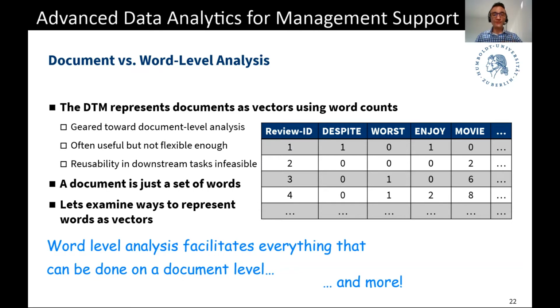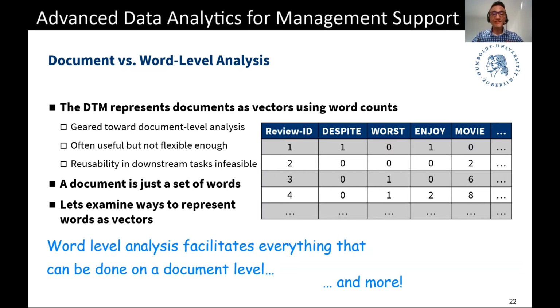Especially considering NLP tasks that you perform to prepare for subsequent analysis are typically not supported by an analysis that focuses on the document level. So in the following, we will focus on individual words and learn about ways to represent words as vectors.